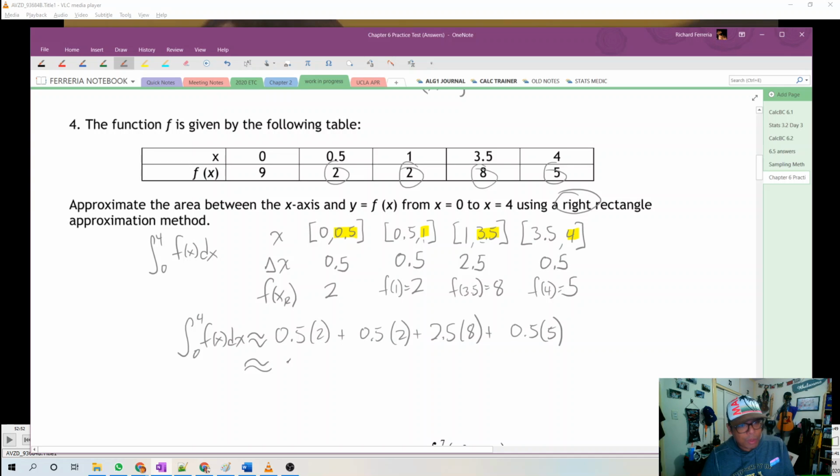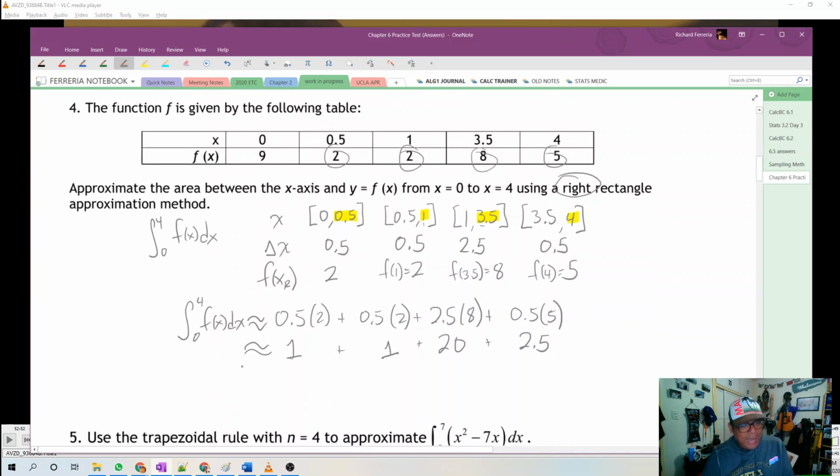So 2 times 0.5 is 1. That's another 1. 2.5 times 8, so what is that, 12? 2 times 8, no it's not. 2 times 8 is 16. Half of 8 is 4. So 16 plus 4 is 20. 5 times 0.5 is 2.5.